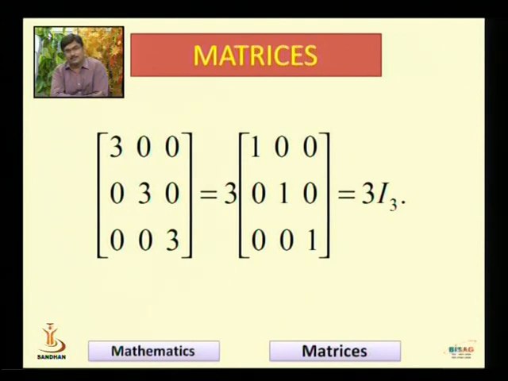Scalar matrix we have defined to be those diagonal matrix whose all entries are same, that is, equal. So, this is a diagonal matrix, that is 3 0 0, 0 3 0 and 0 0 3. Now, with the notion of scalar multiplication that we have just now defined, I can write down this scalar matrix like this. It is 3 times I3.